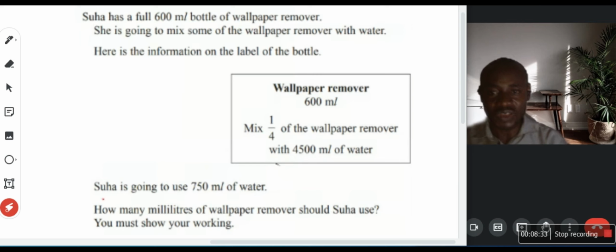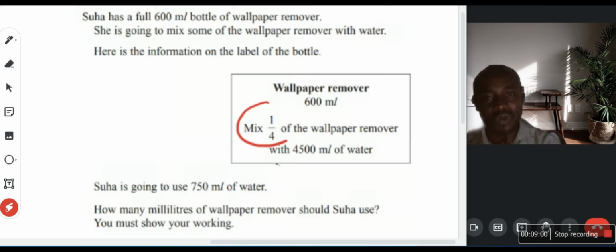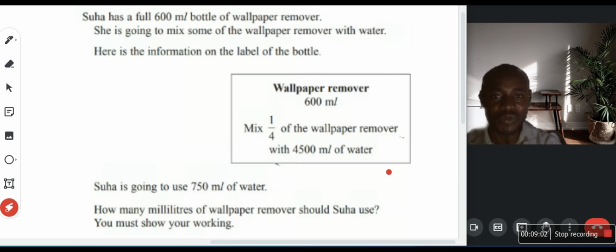Susa has a full 600 milliliter of wallpaper remover. So she will mix 1/4 of the 600 milliliter with 4,500 milliliter of water. Remember, she will mix 1/4 of the wallpaper remover with 4,500 milliliter of water.